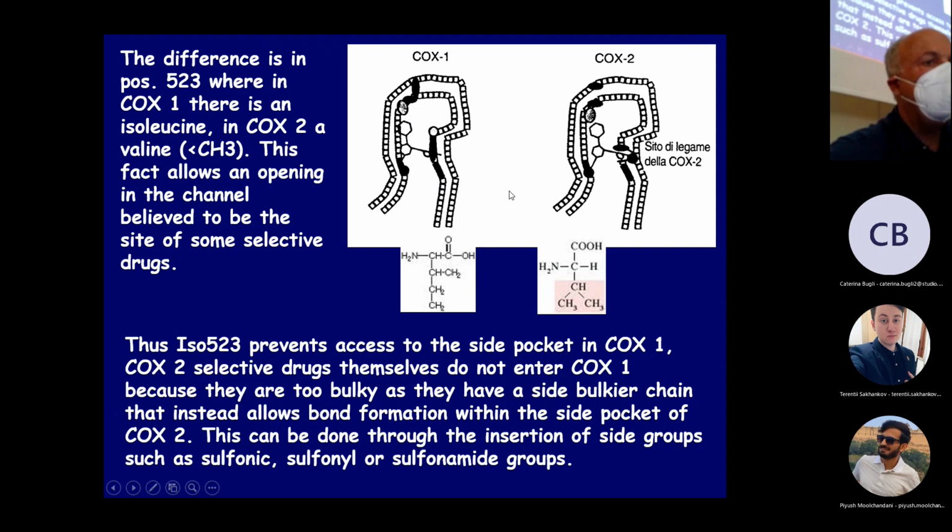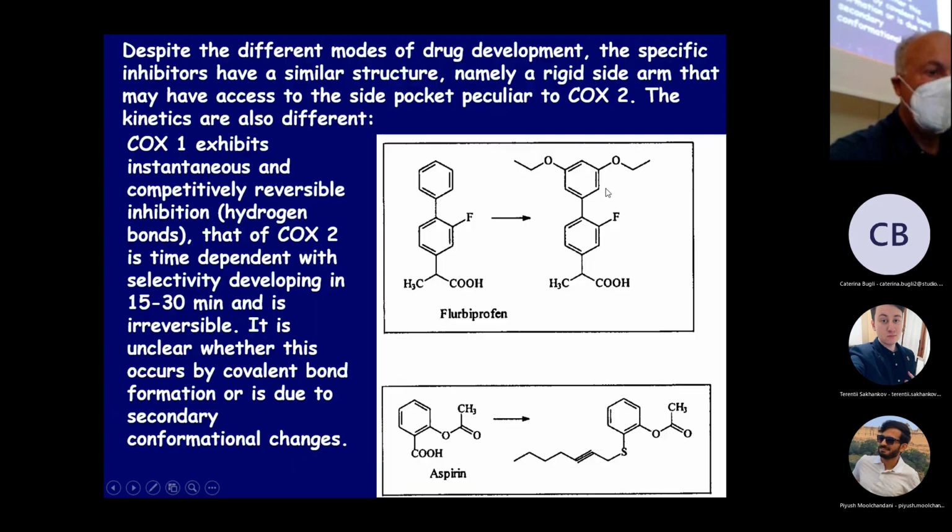The modified flurbiprofen is able to enter only in COX-2. Another example, aspirin can be modified by this long side chain in order to have a selective interaction with the COX-2.